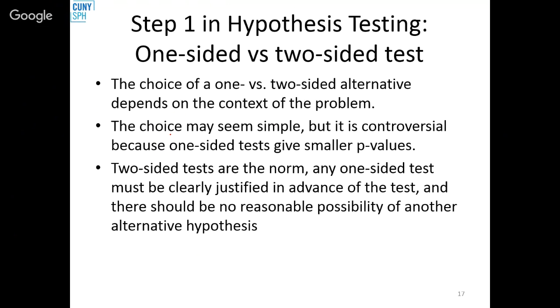So yeah, that one-sided test is controversial because it gives smaller p-values, in particular if you decide on the directionality based on your data.